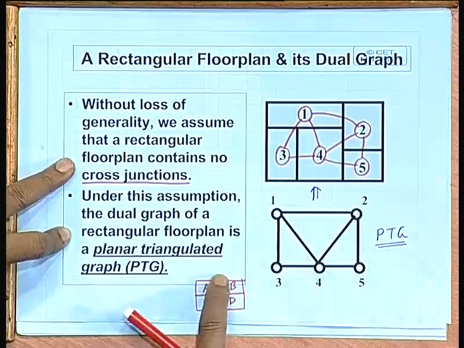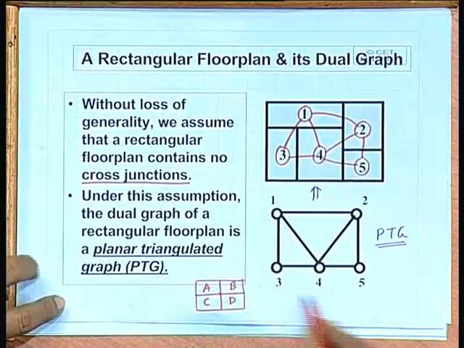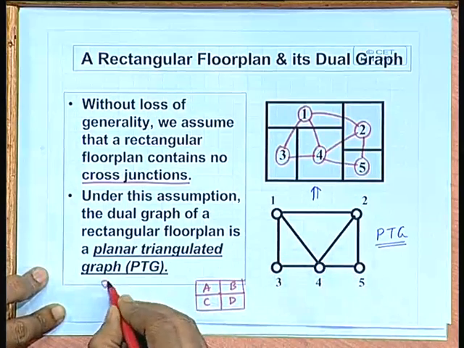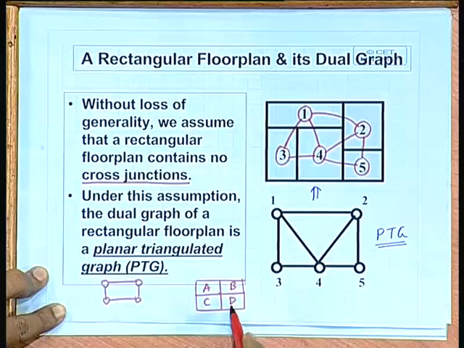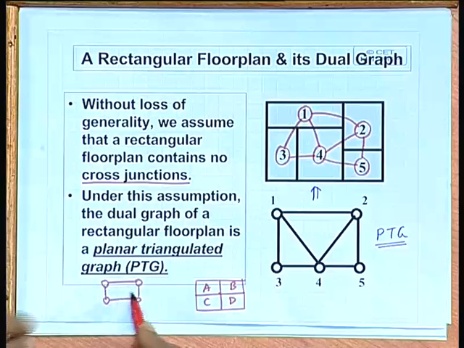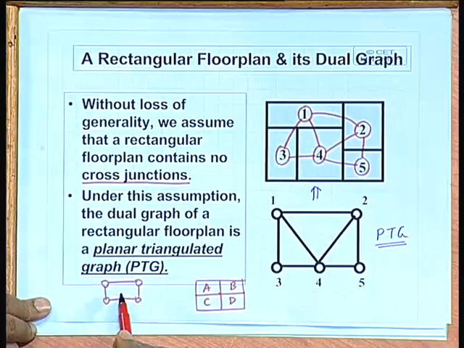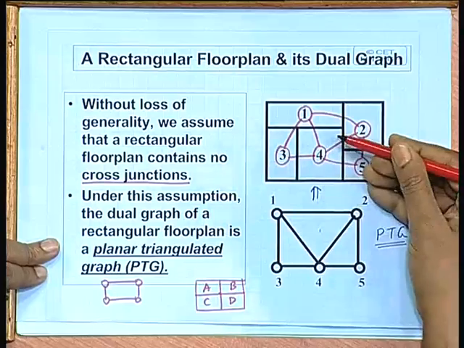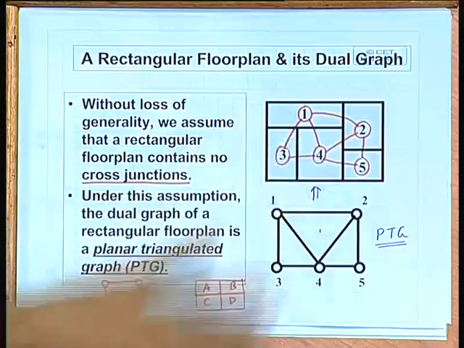But the problem with a cross junction is that you will get a graph which is not triangle faced. The graph will be like this: A connected to B, B to D, D to C and C to A. Okay. So, we do not want graphs like this, because graphs like this will lead to some problem in translating from here to here. So, we take an example to illustrate how, starting from a circuit, we can arrive at a floor plan.